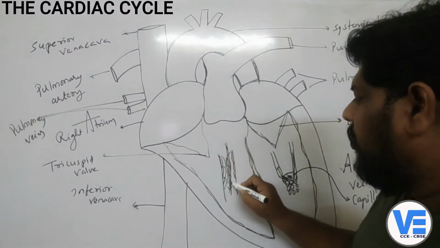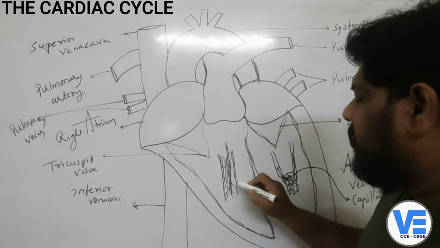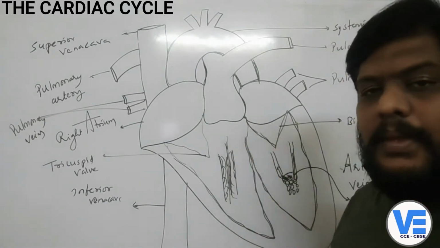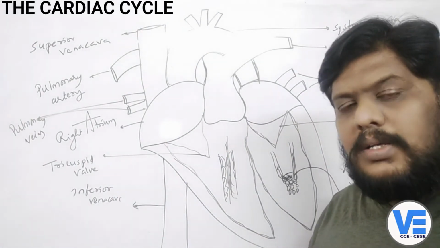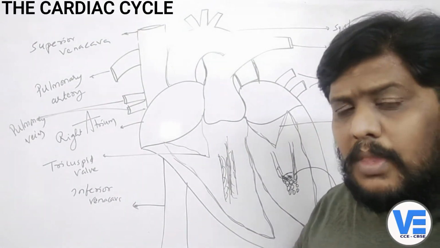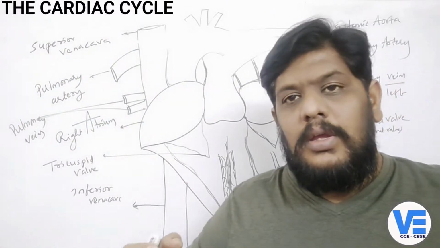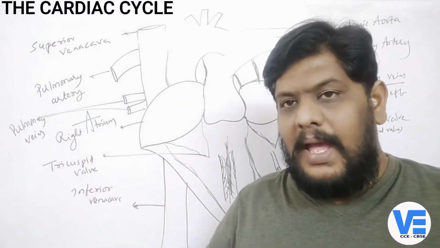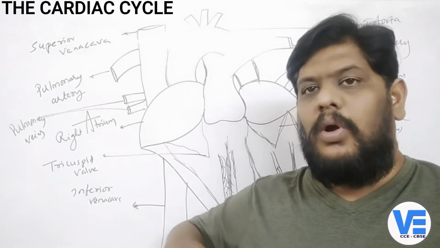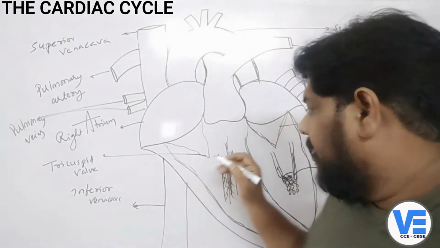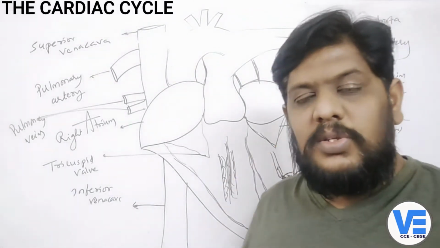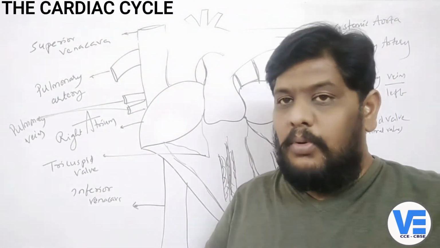They keep on closing so that the blood will not move backward. So arteries have valves in them, which control the flowing back of the blood. The blood cannot flow backward because of the valves in the arteries. That is one of the major points about the arteries.